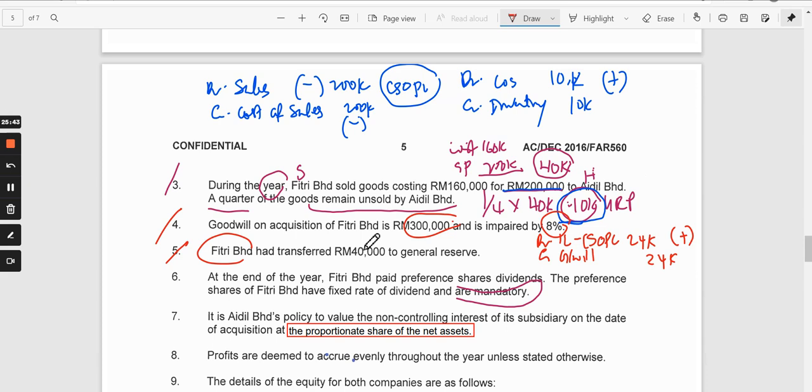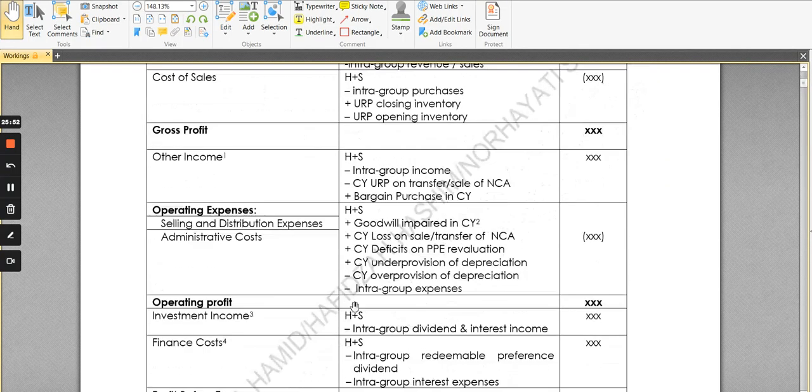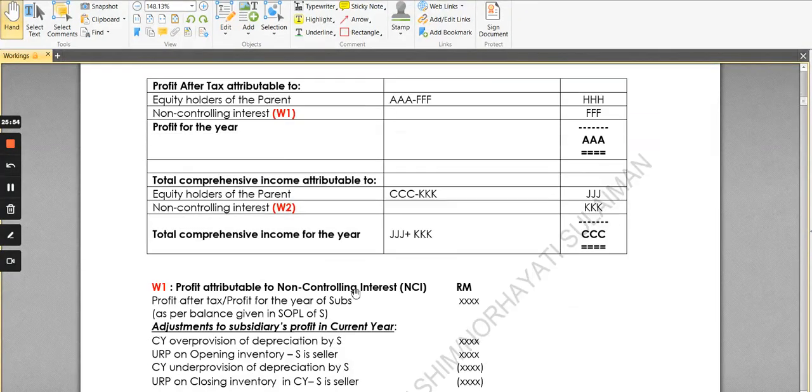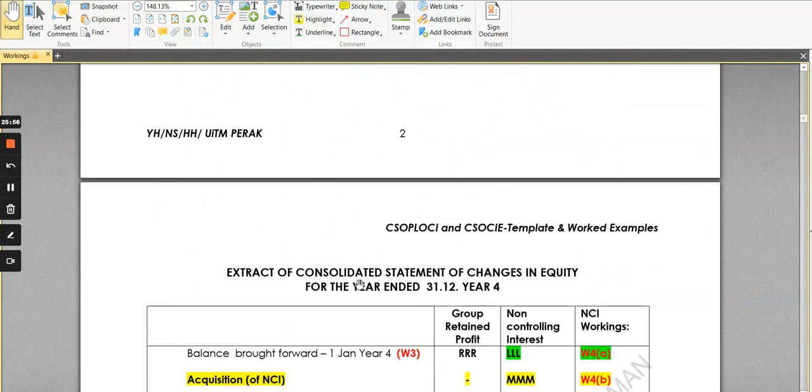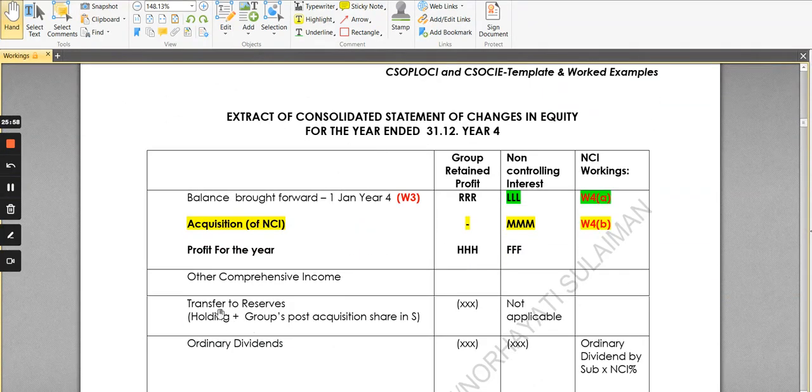But for the parent, in the transfer to the reserve, there is also a share of the parent. If you can still recall what I shared with you much earlier, I have the template or the format for the transfer to reserve. If you look at this pro forma template, it will be the holding's, plus the group post-acquisition share in the subsidiary.